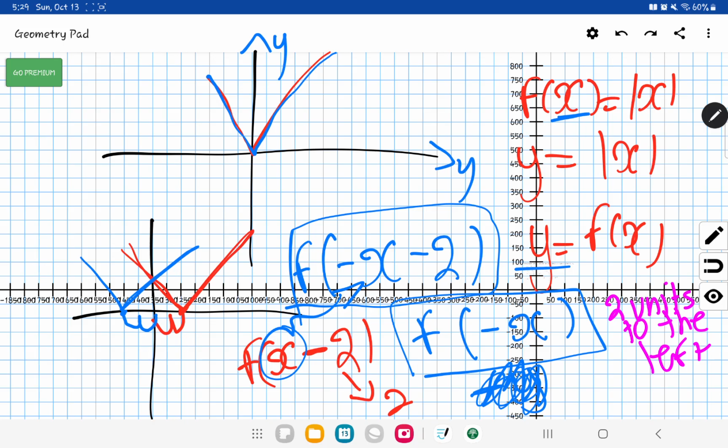Because the original graph is the absolute value of x. If you notice, this is what the original graph would look like, but it is 2 units to the left. So it's a shift of 2 units to the left.